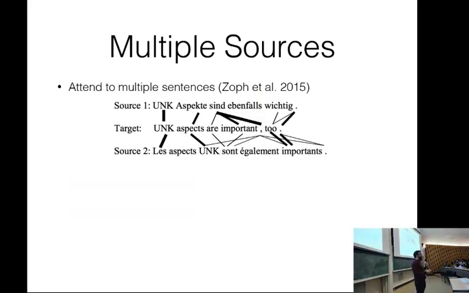Going further, there's nothing stopping you from having more than one source. So in this work by Zoph and others from USC, what if you had two sentences that you want to attend over in order to translate? Let's say you have German and French, and you want to create the English translation. This is not necessarily useful, because why would you ever have this type of trilingual text?